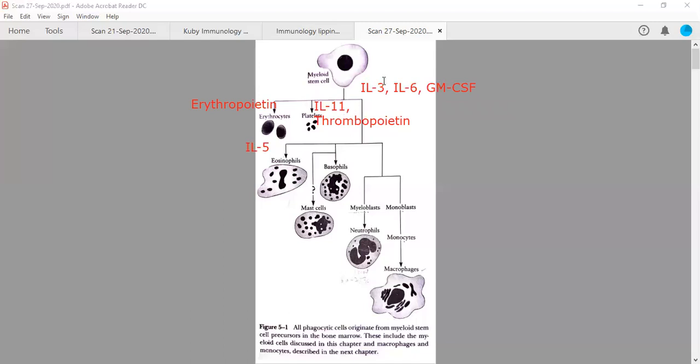So these factors are some of the very important factors which will decide which type of cell should result.